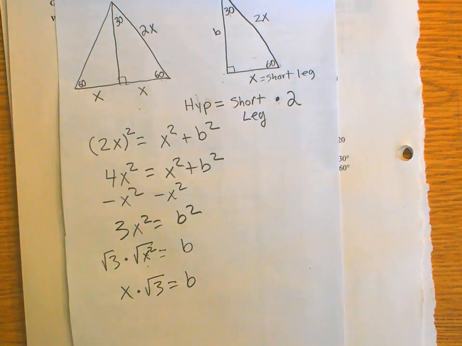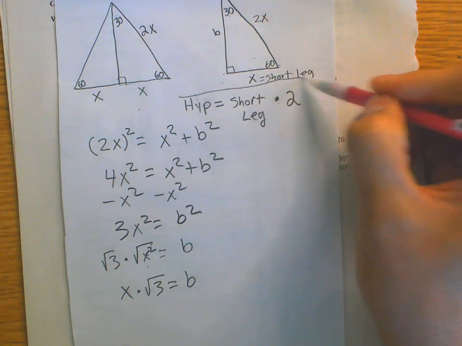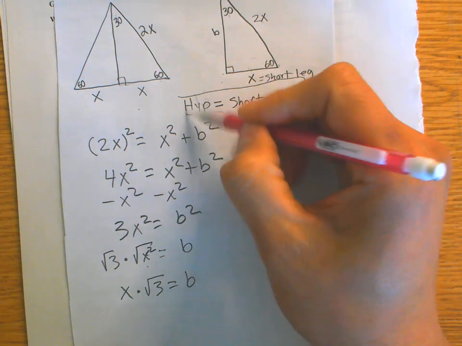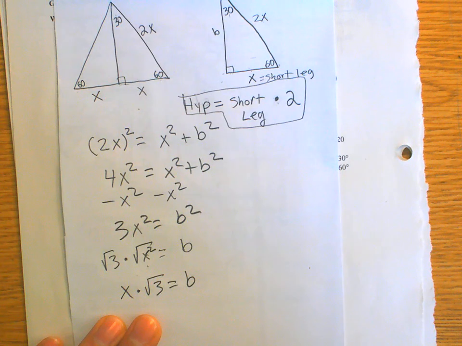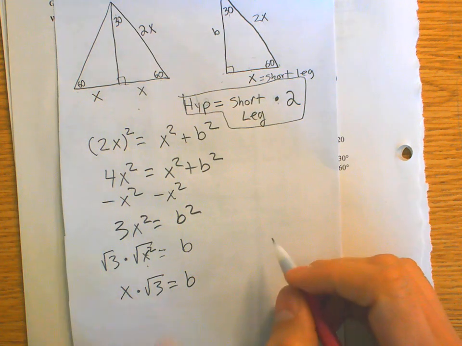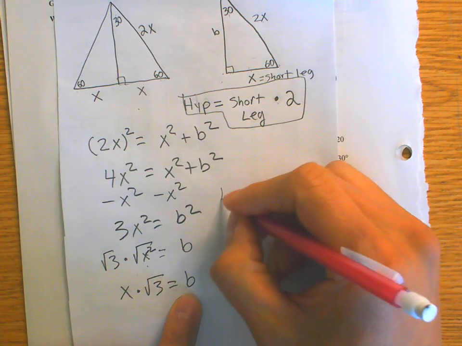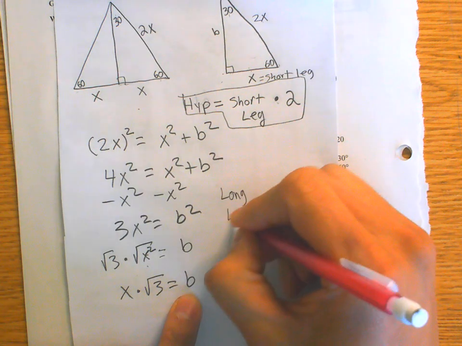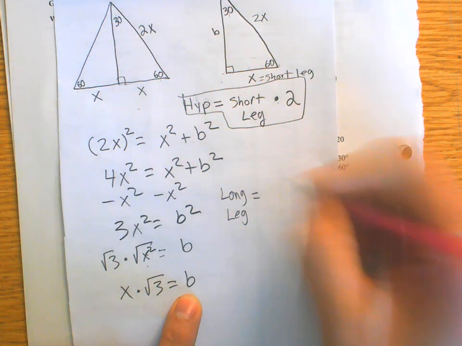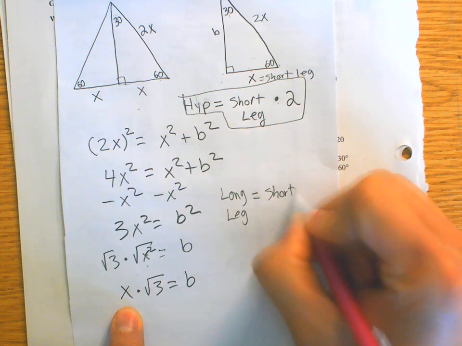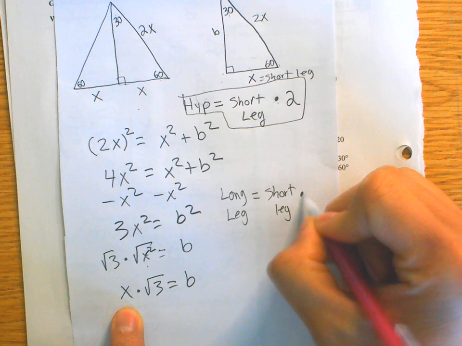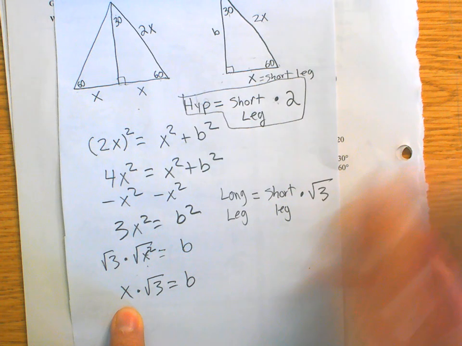So that brings me to my second relationship. My second relationship is the following: the long leg is going to be equal to the short leg multiplied by radical 3.